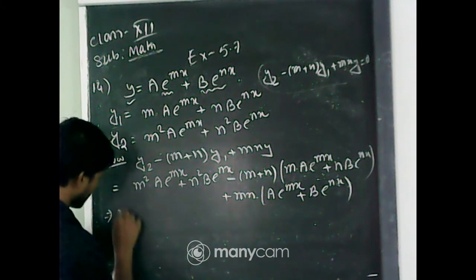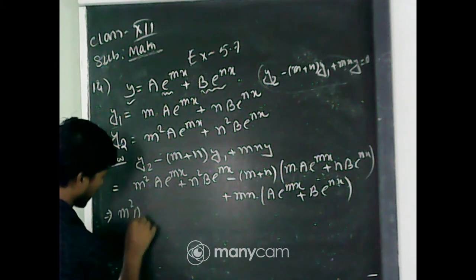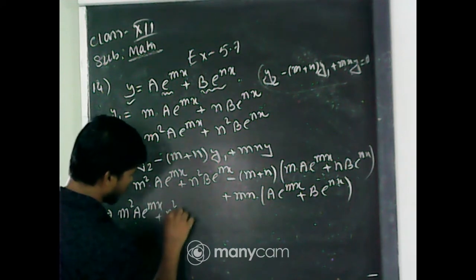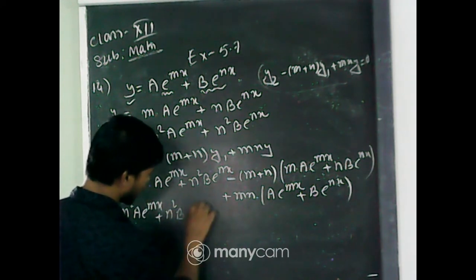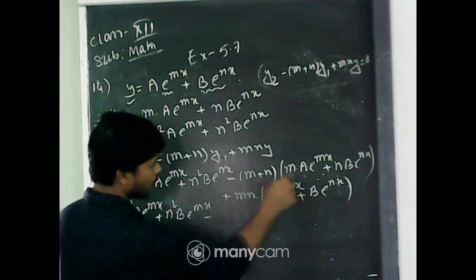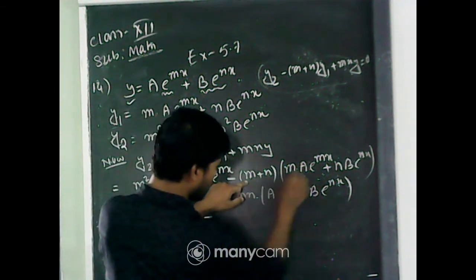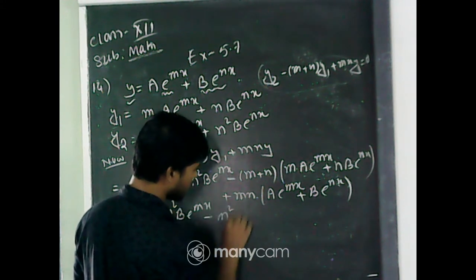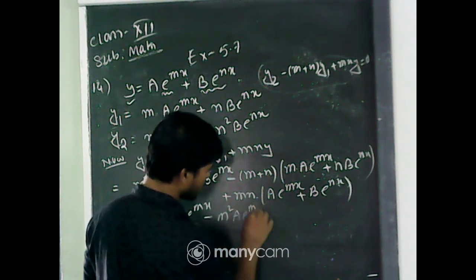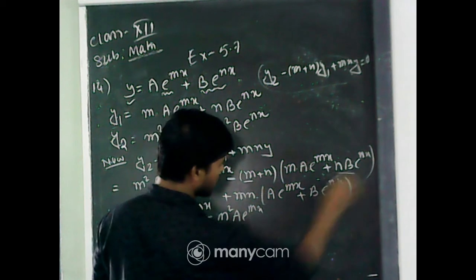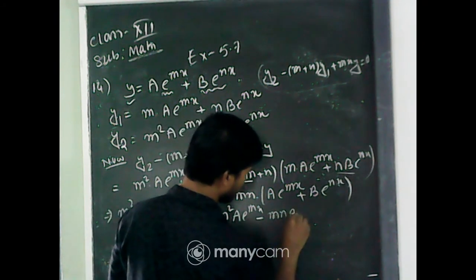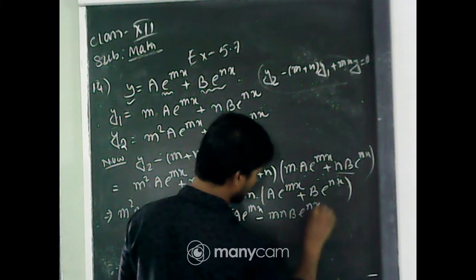That means it is m square a e to the power mx plus n square b e to the power nx minus, now we have to multiply it. So m into m a e to the power mx is m square a e to the power mx, plus this multiplied by that, so that will be minus mn b e to the power nx.